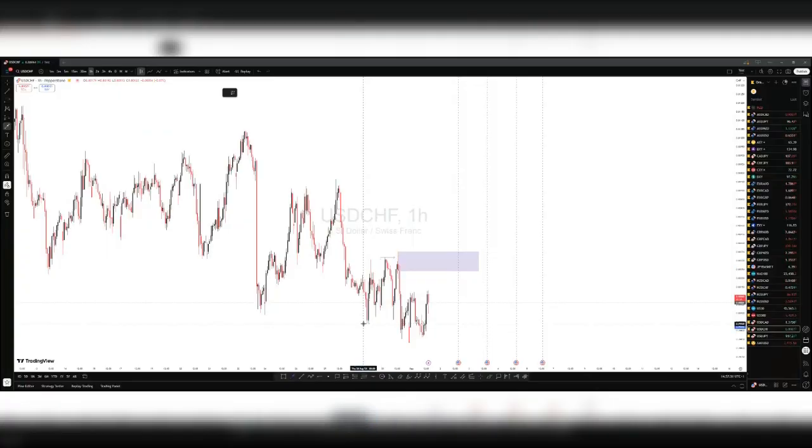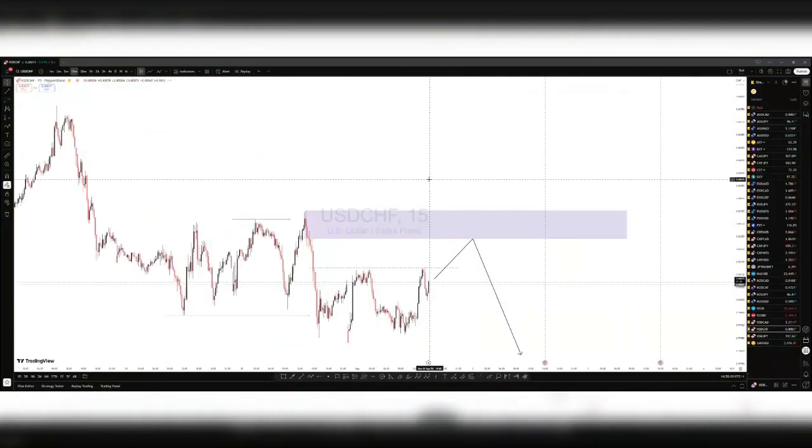The sweep, the break, and then, of course, price has come back to take liquidity from this point, which is a good one. So, does that make sense? Yeah.